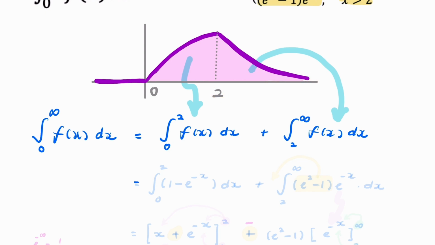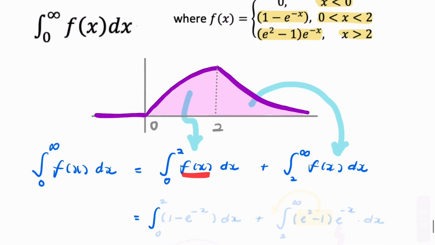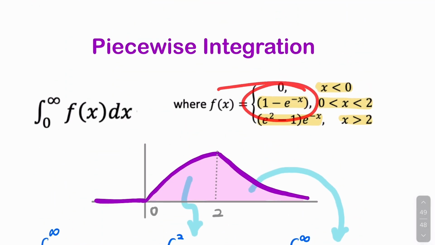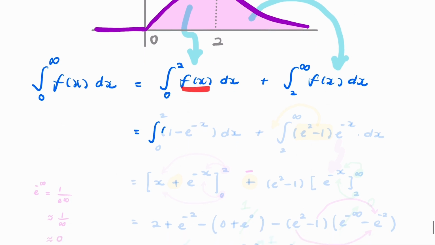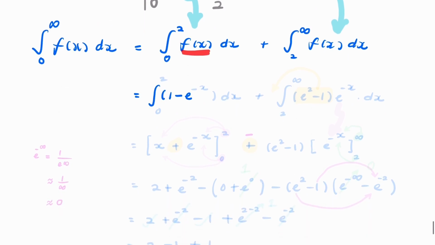And now we'd simply substitute the expression for f of x given in the question. So it's 1 minus e to the power minus x dx from 0 to 2 plus e squared minus 1 e to the negative x dx from 2 to infinity.